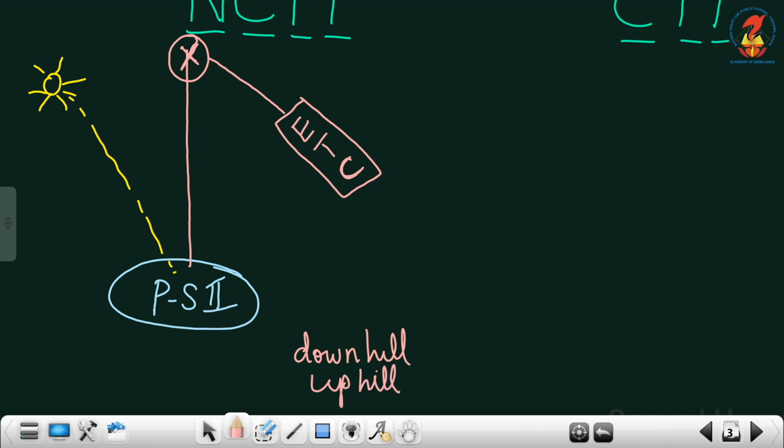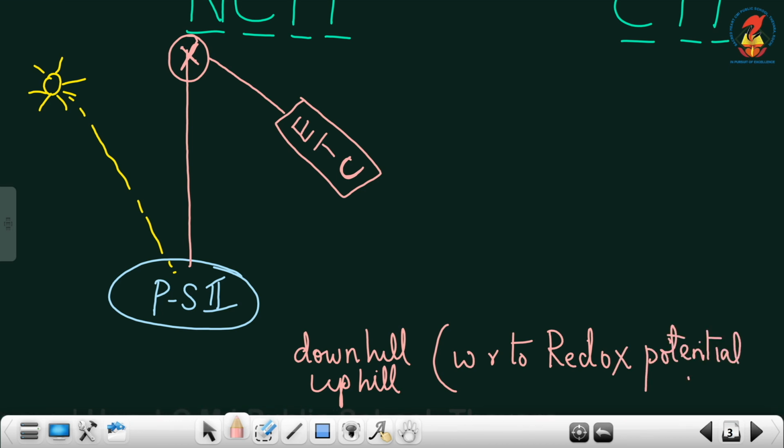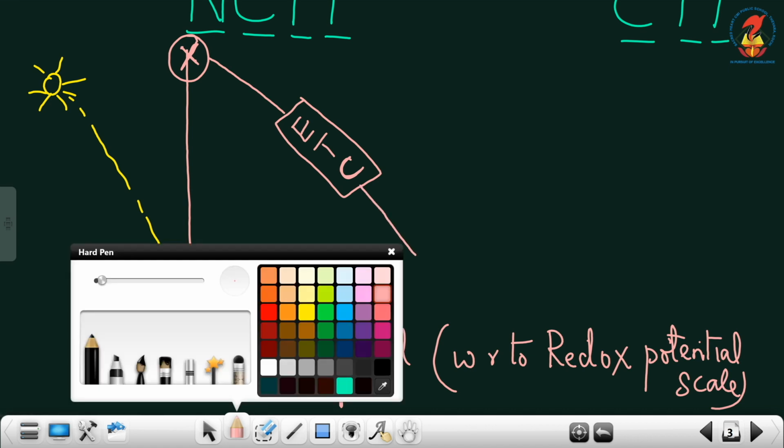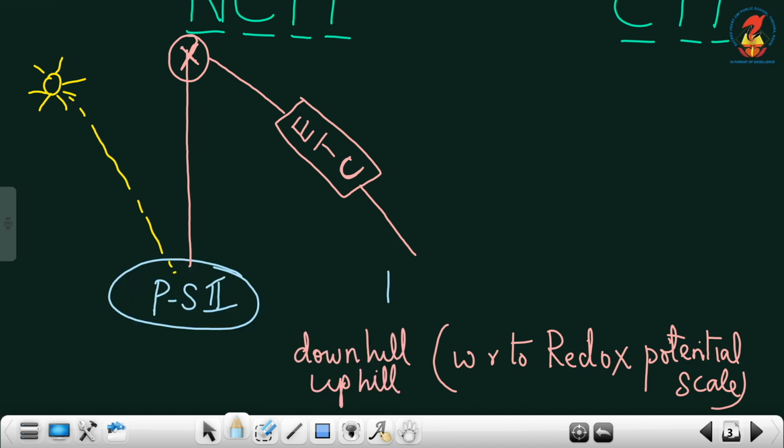And remember, when we are using downhill and uphill, it is with respect to the redox potential scale. The diagram itself will make you understand. Now it is moving downhill through the electron transport chain to the next photosystem, that is PS1.